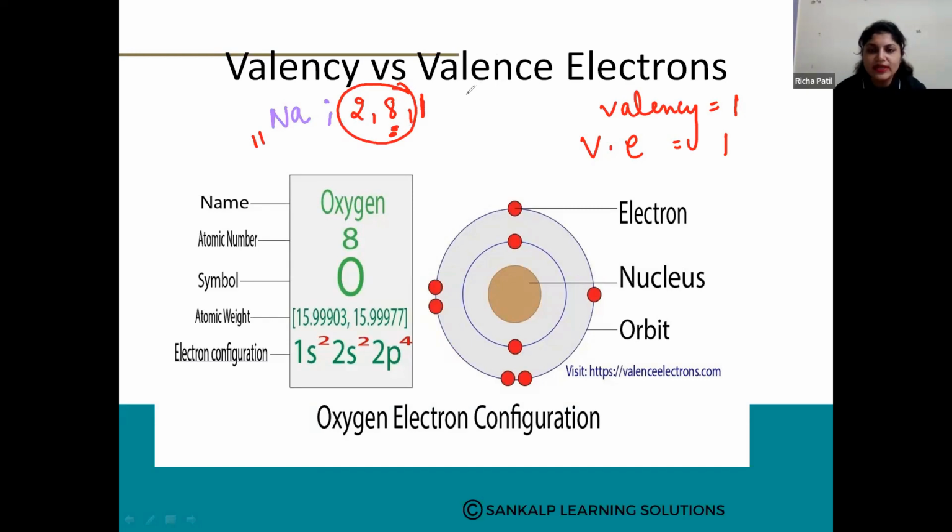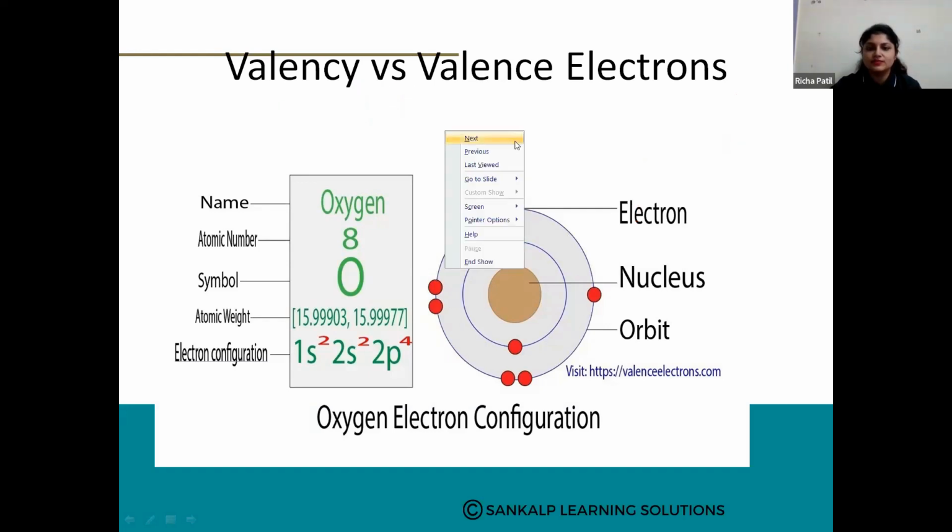If it gives 1 electron, it loses 1 electron, so the charge will be +1. So +1 is the charge for sodium. This is valency and valence electrons.